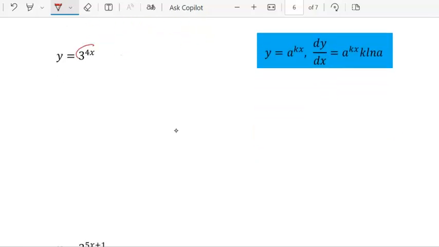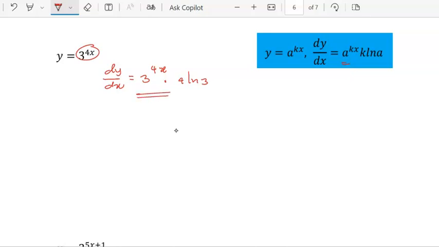We can see the process here, but our answer is just going to be a to the power of kx, k natural log of a. That means the derivative dy/dx here is just going to be 3 to the power of 4x multiplied by 4 natural log of 3.